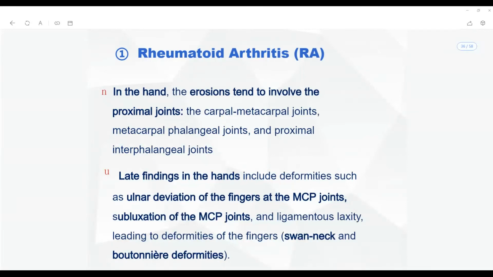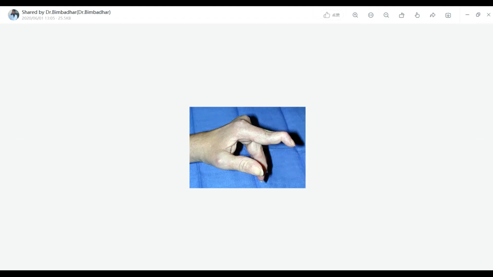What is the joint that is under flexion in the image I'm showing? To all those who did not understand, please answer this question.